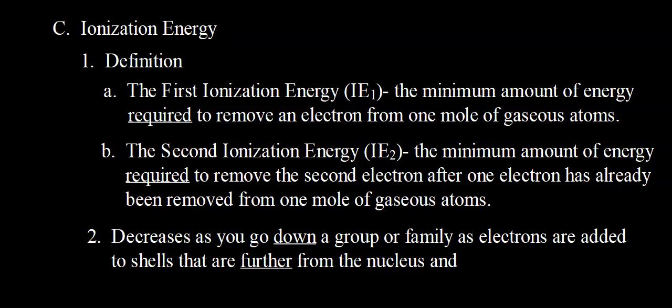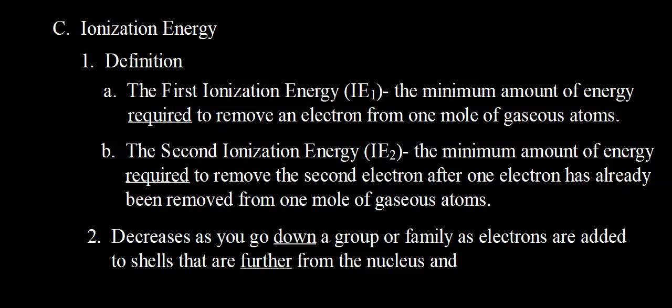Second ionization energy is the energy required to remove a second electron from an atom. It should be noted that successive ionization energies increase, meaning it is harder to remove the second electron than it is the first. It's harder to remove a third compared to the second electron, harder to remove the fourth compared to the third.